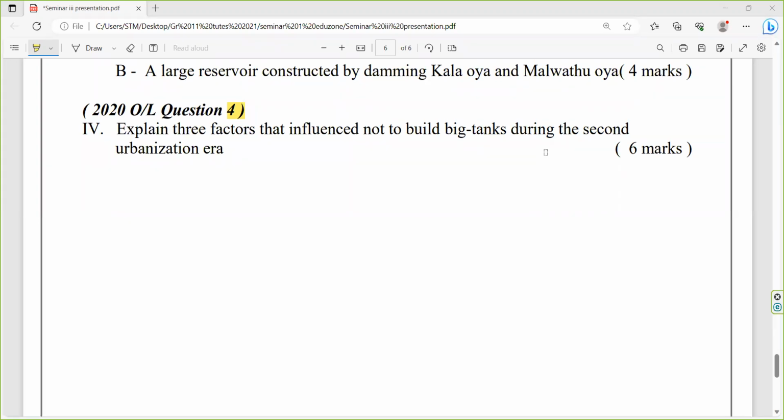Third heading, due to the wet zone, a lot of floods were not created and no need of controlling floods. Even you can use some other reasons for this, but I just have mentioned the answer with what we have learned.